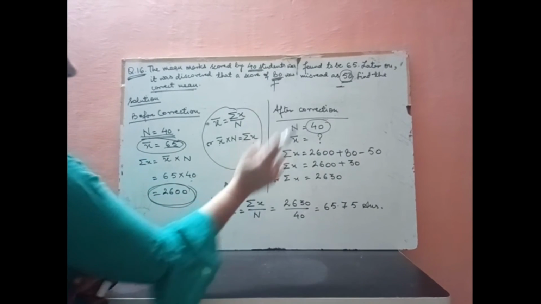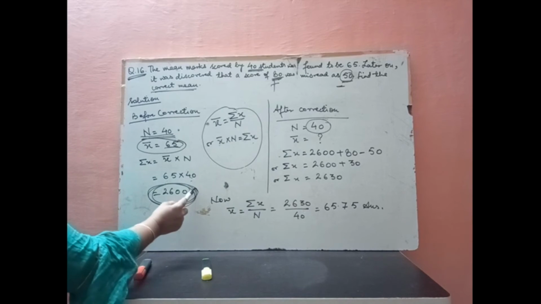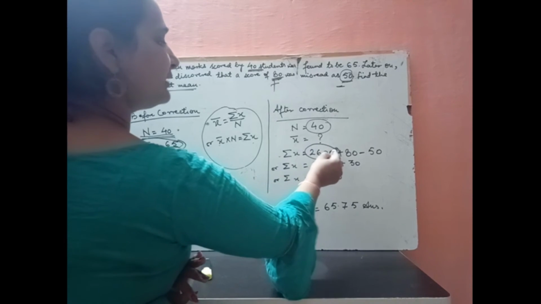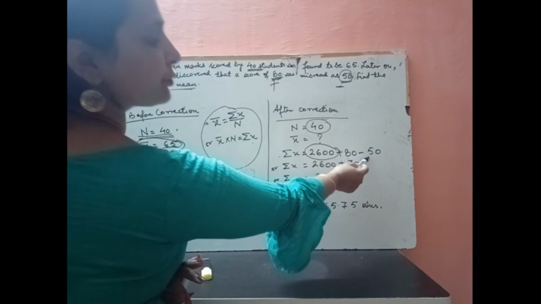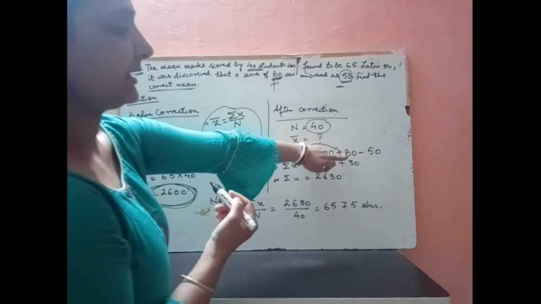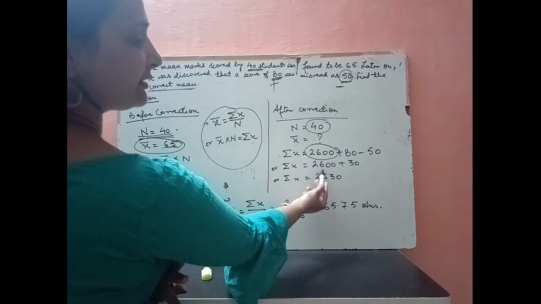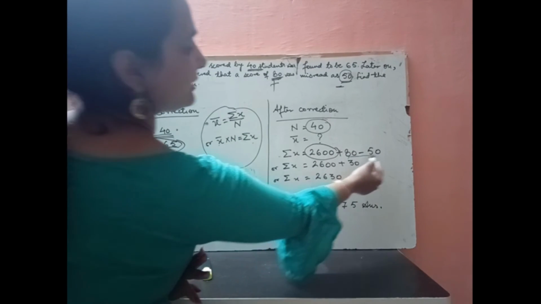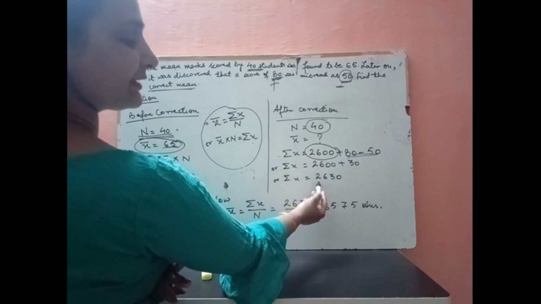N is equal to 40. Sigma x is equal to the old sum of marks plus the correct value minus the wrong value. This we will get 2600 plus 80 minus 50, 30. So 2600 plus 30, that means 2630.